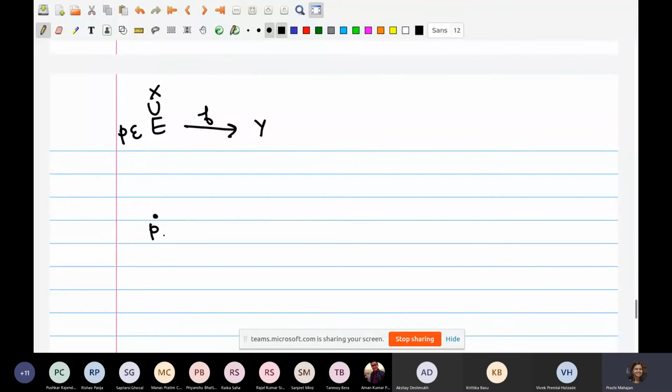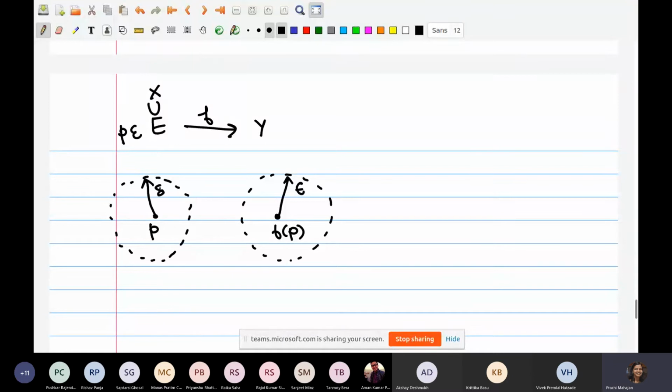So this is the point P. f of P is some point of Y. You give me an epsilon, and I'm going to look at epsilon neighborhood of the point f of P with respect to the metric on Y. Which means, corresponding to this epsilon, there is a delta such that all the points in this delta neighborhood of the point P are mapped via f into epsilon neighborhood of the point f of P.